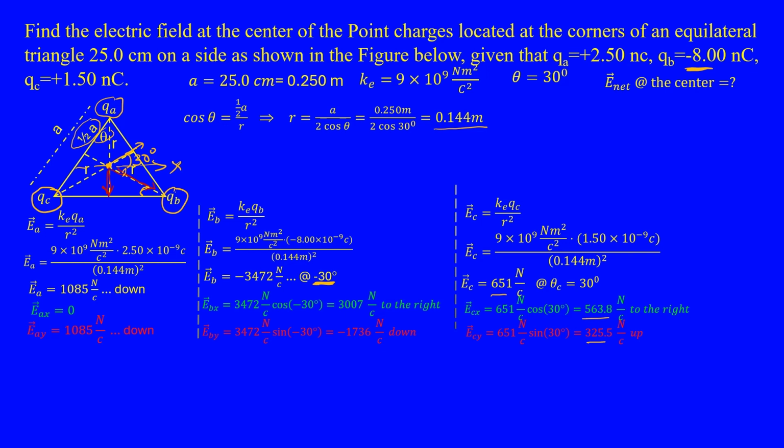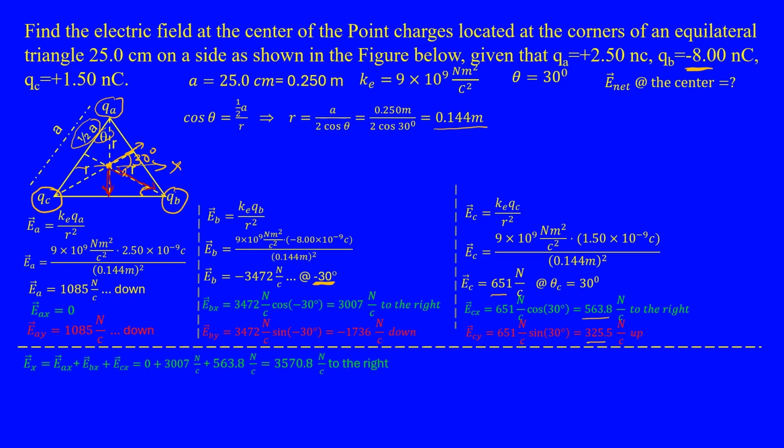Now that we have the x and y components of the electric field due to each charge, we can find the net electric field in magnitude. How do you do that? We add all the x's together, we add all the y's together, and use the Pythagorean theorem. And here is the process. E sub x will be equal to E sub ax plus E sub bx plus E sub cx.